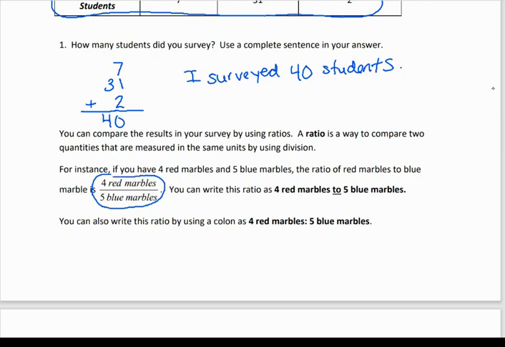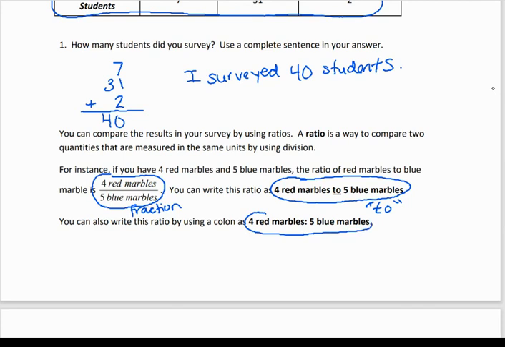There's example 1, fraction style. We can write it with words, using the word "to." So 4 to 5. And the third scenario is using a colon. Again, we read that really as 4 to 5, but the colon is there instead.